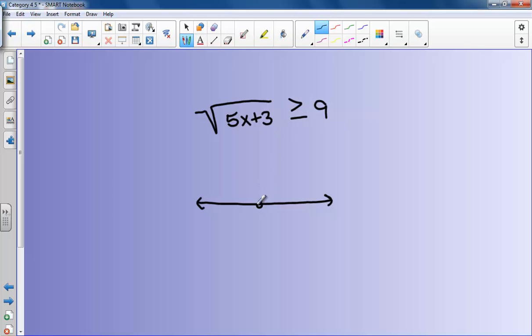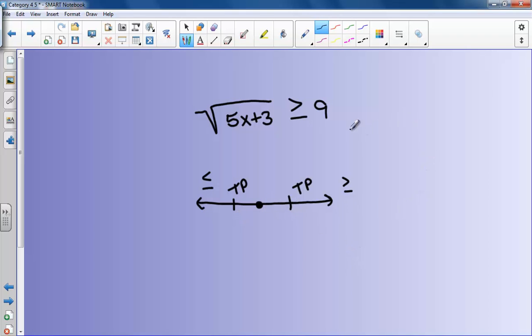And then at your intersection point, that will be a solid circle because it's greater than or equal to, a closed circle. And then choose a test point, find which one is true, and shade. So if this area was true, then you would say it's greater than or equal to your intersection point. If this area were true, it's going to be less than or equal to your intersection point, not your test point.